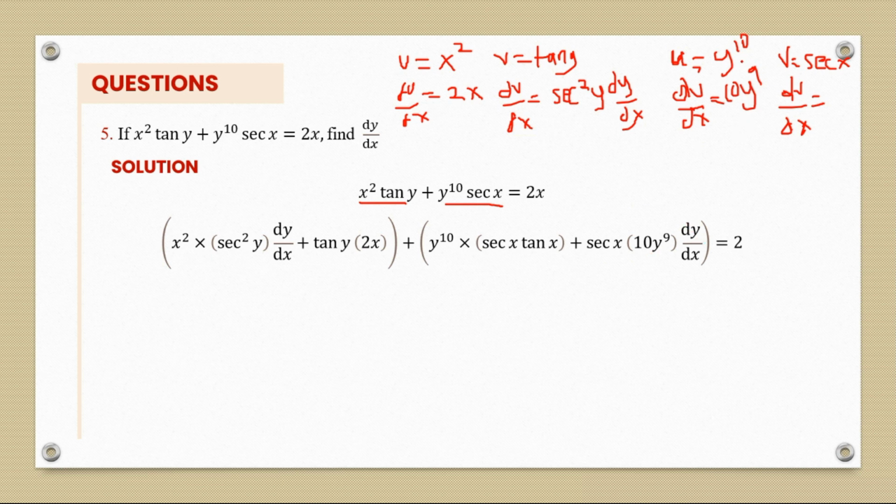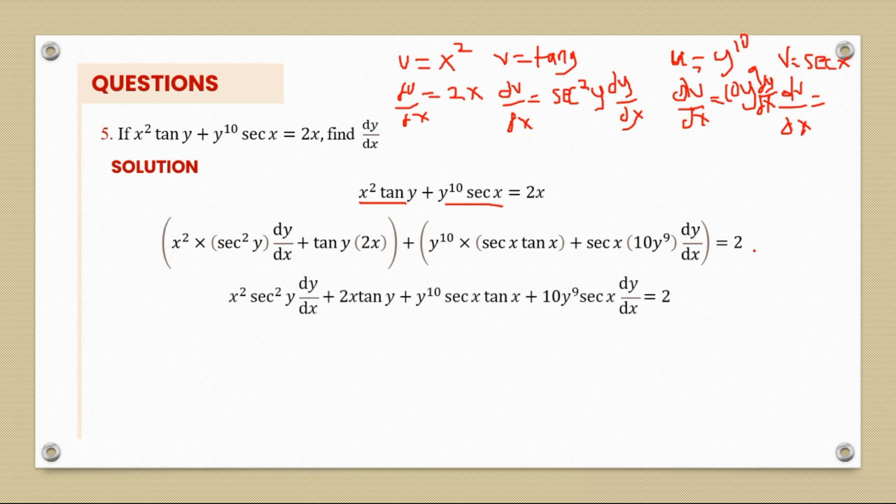Oh, sorry, I forgot this here, because we're differentiating a y value, 10y power 9 will actually multiply with dy dx. I'd actually just forgotten that, but that is important. So we're multiplying that by a dy dx, all being equal to 2, because when you differentiate 2x, it shall be equal to 2.